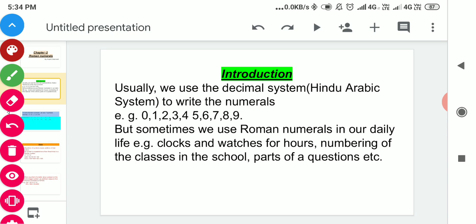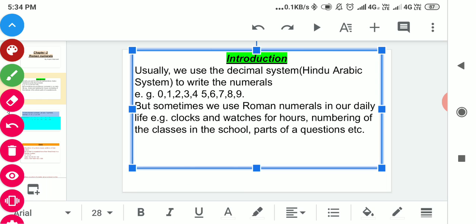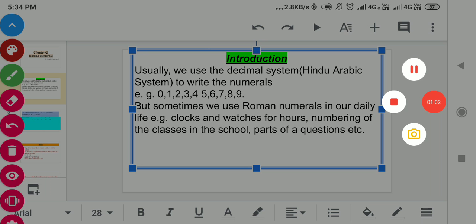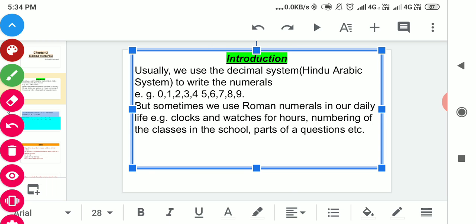For classes in the school, like class 1, class 2, class 3, class 4, and sometimes we use parts of a question, like in question 1 there are 5 types, so those 5 parts we denote in the Roman numerals. So these are the uses of Roman numerals.